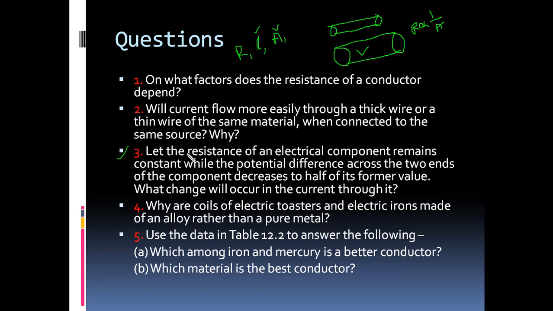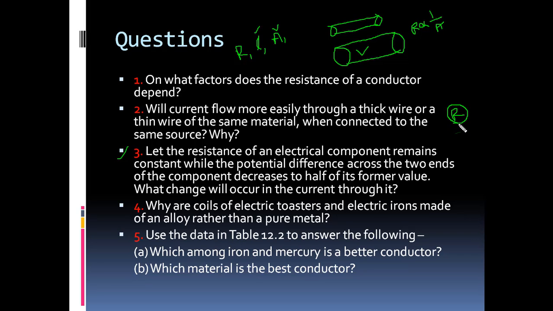Next, let the resistance of an electrical component remain constant while the potential difference across the two ends of the component decreases to half of its former value. What change will occur in the current through it? So here let us try to understand the question first. Here the resistance is constant.